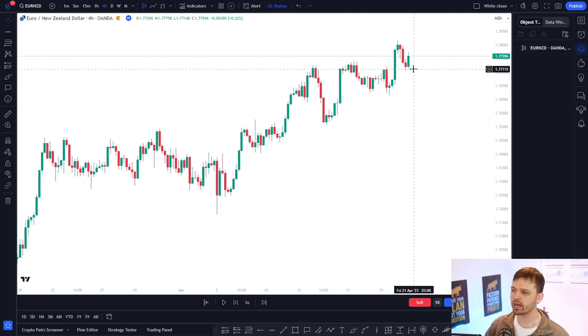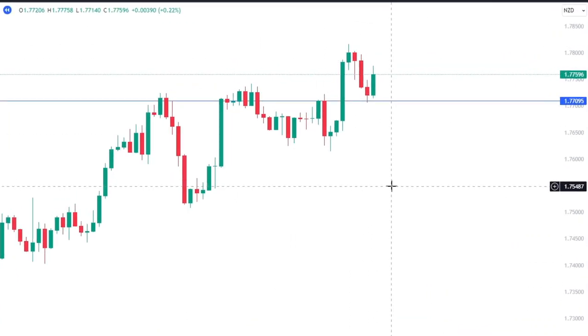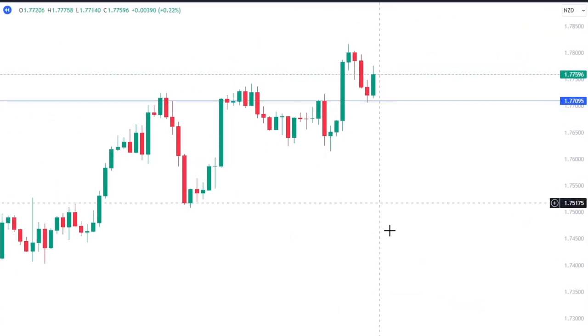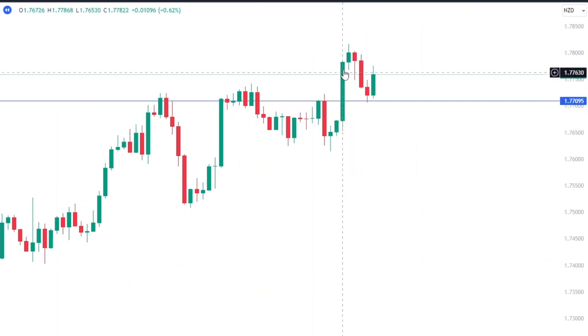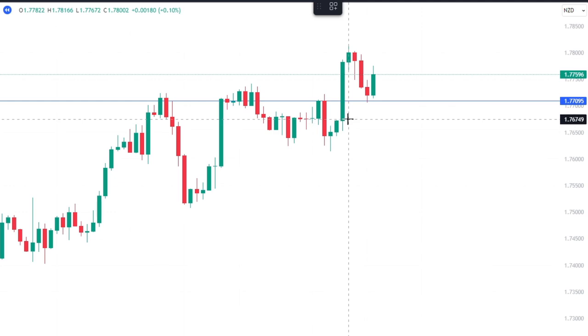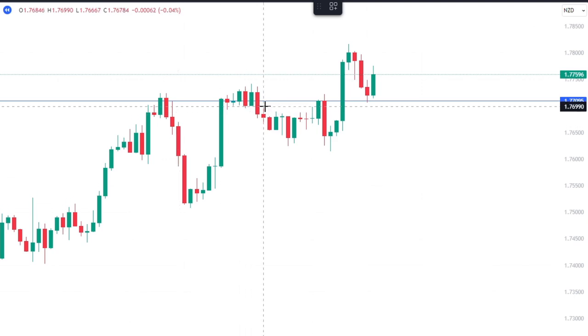So again, we have a pretty good break and retest right here. And you see that one candle is nicely breaking above this one right here. And why this is a good breakout is because you have the first candle breaking through the level, and we can actually add a zone here.